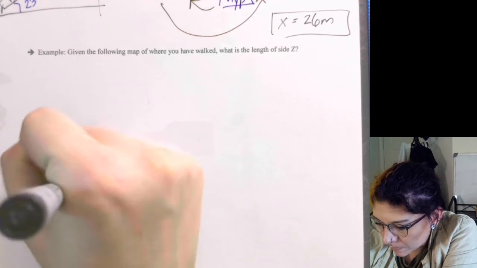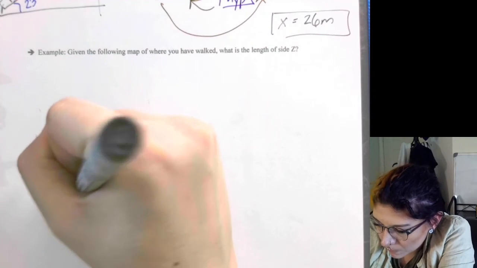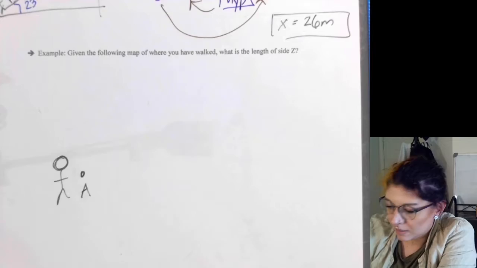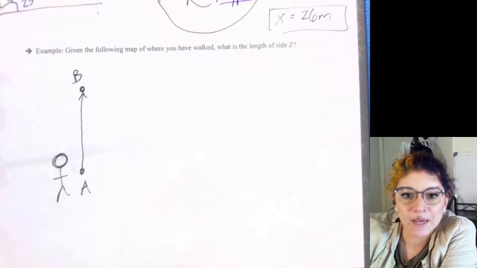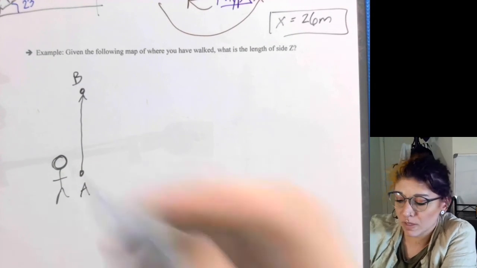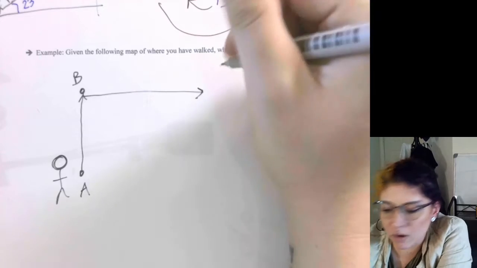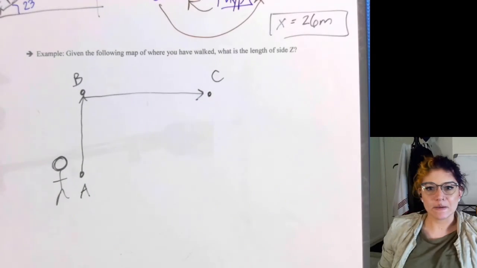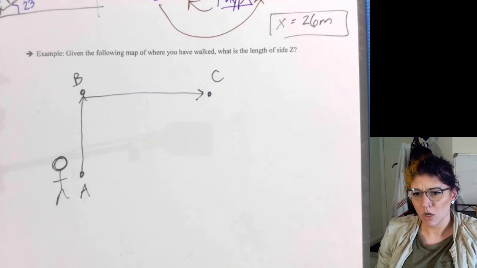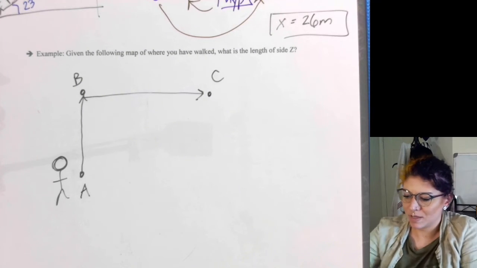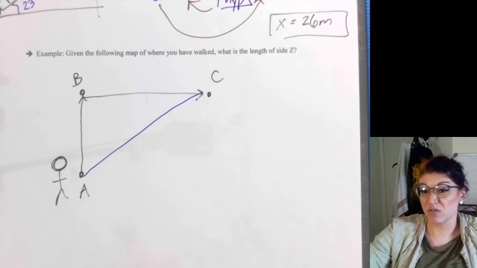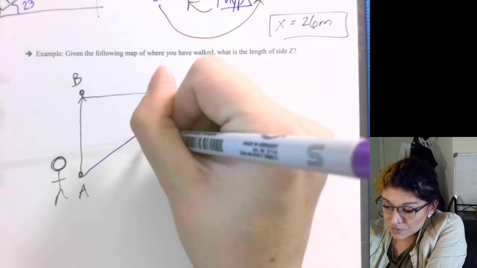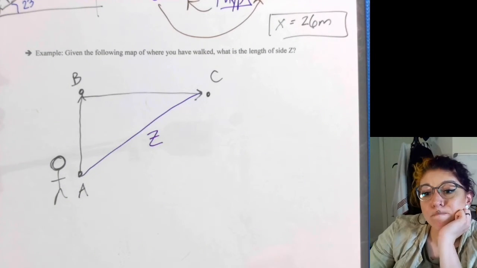Let's say that you start at point A, and you walk to your friend's house at point B. Then maybe you go visit your grandma at point C. We're going to see later on that this distance, this displacement, how far you really walked, is important. So this is side Z.